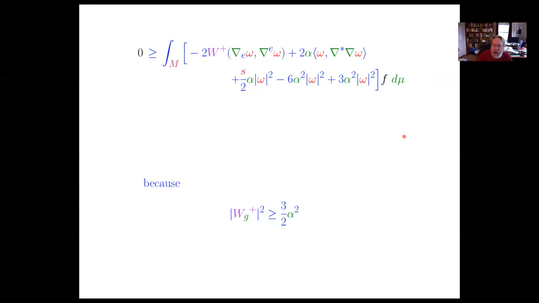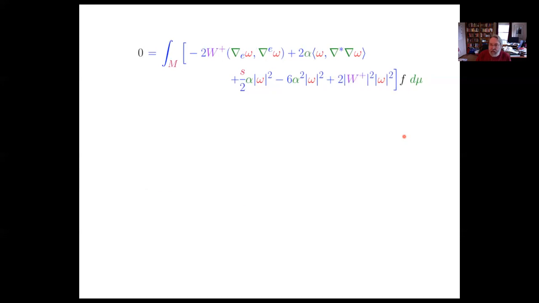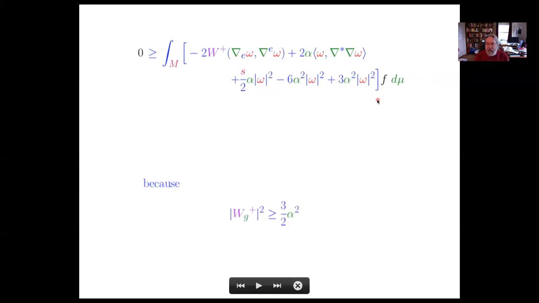And so here we had a term that involved, before we had actually an equality, but the W plus squared we just said it's at least 3/2 of alpha squared. And so we have a lot of appearances of alpha here, where alpha is the top eigenvalue of W plus with respect to our rescaled metric.